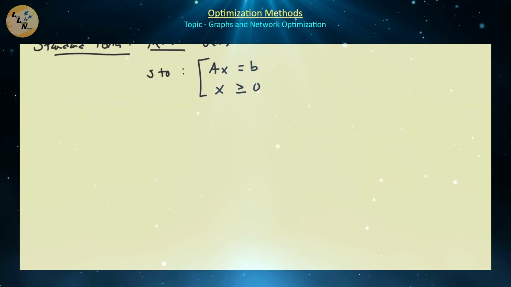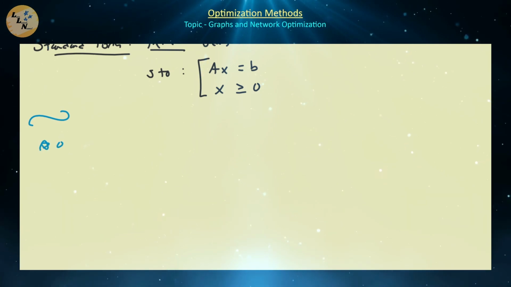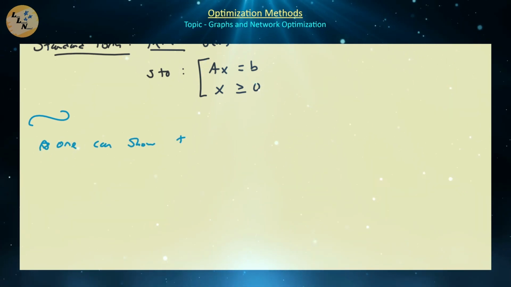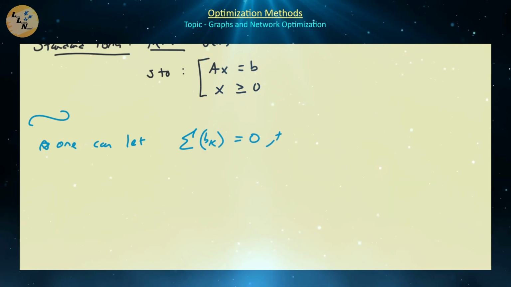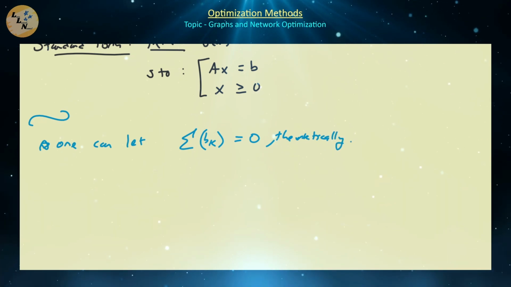Also, one can show, or actually one can let, it's not a requirement, the sum of all our bk to be equal to 0, theoretically. For example, there's not going to be any shortages and there's not going to be any surpluses across all of our things.